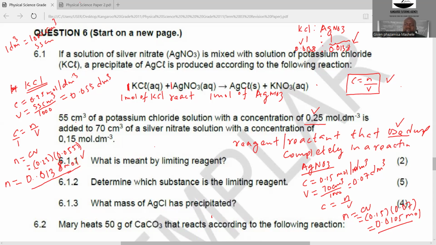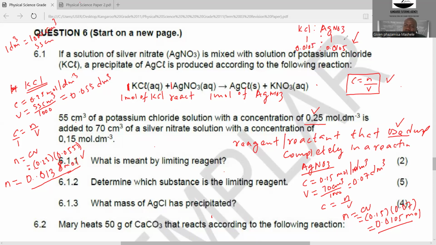What does this mean? It means that for this reaction to take place, silver nitrate must use 0.0105 mole, and potassium chloride has to use that same 0.0105.